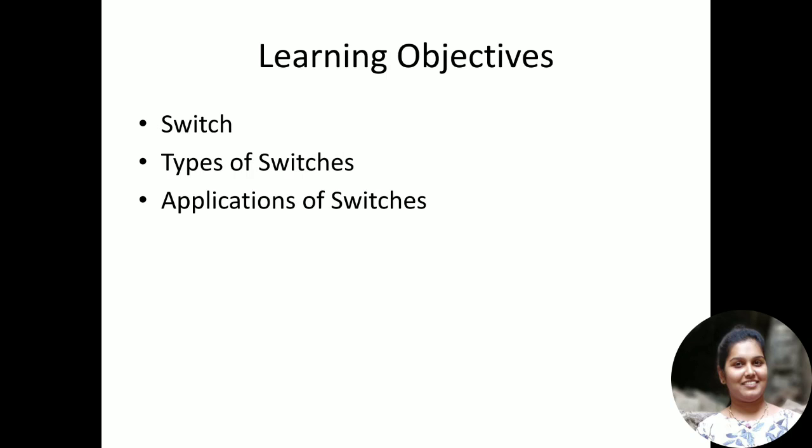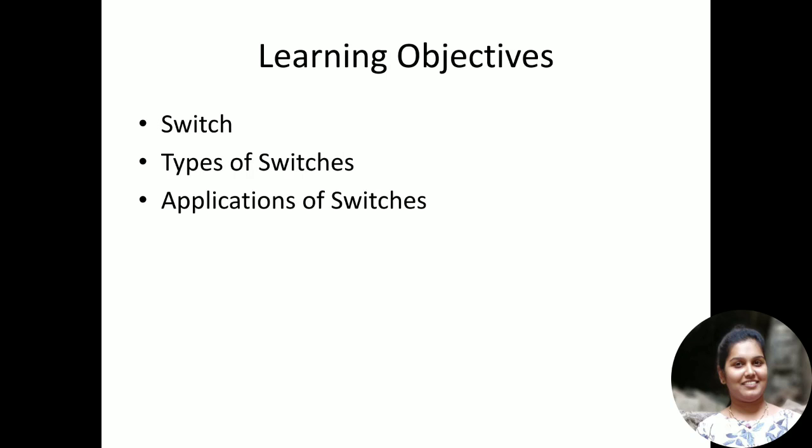For this particular video, I'll be talking about 4 different types of switches. There are n number of varieties available with regards to switches, but for today's session we'll discuss 4 different varieties, and in the next classes we'll discuss some other kinds of switches.